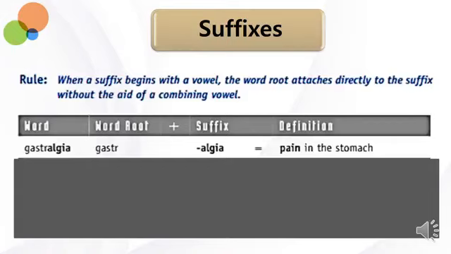Algia also means pain, and this suffix algia starts with the vowel a. I can attach this suffix directly to the word root gaster, which means stomach, to finally have the word gastralgia, which means pain in the stomach.